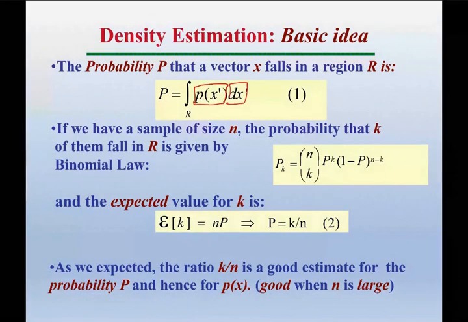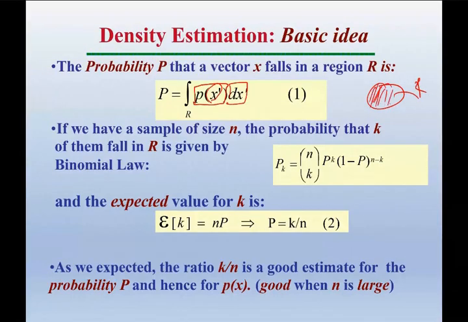Small p of x dash is some variable which runs over this region, and I am just integrating over that region. Say this is my region, so my integration will run for all this region, and we are taking x dash as our variable.